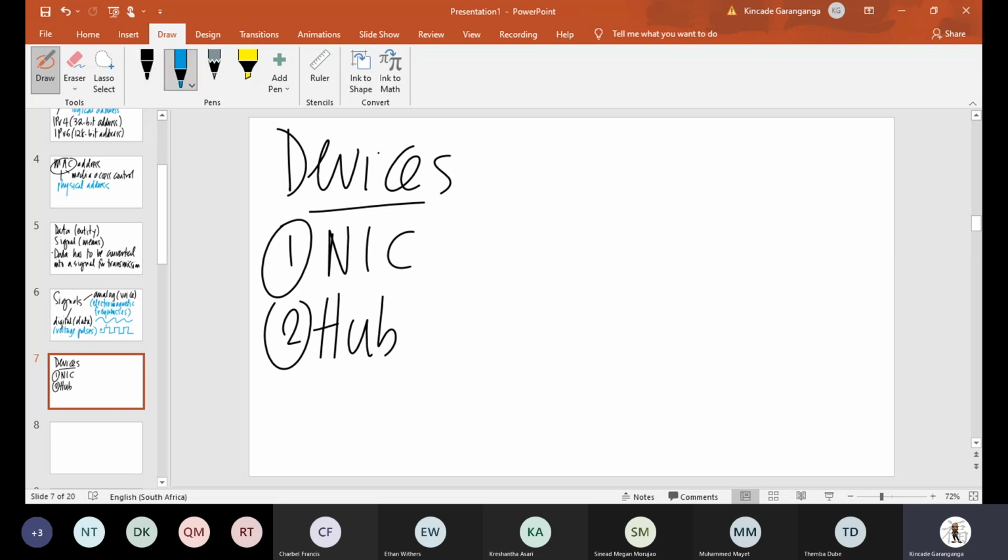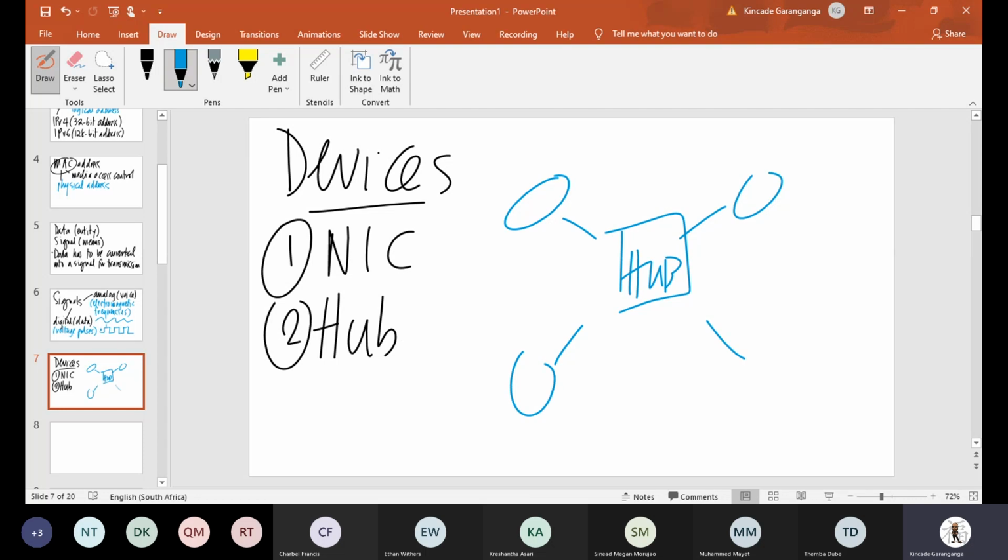So with a hub as a central networking device, when we say central, this also goes into the topologies we were discussing earlier. This could be your hub, and then you have different devices that connect, where 1, 2, and 3 could be computer systems, inclusive of a printer, for instance.